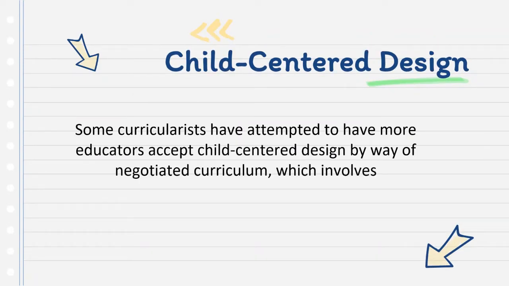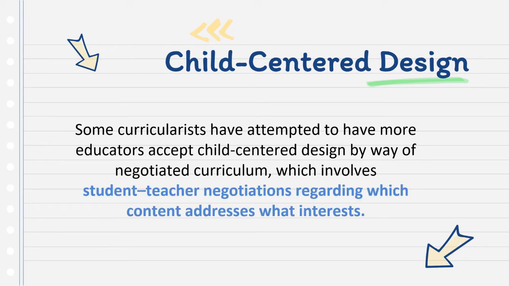Some curricularists have attempted to have more educators accept child-centered design by way of negotiated curriculum, which involves student-teacher negotiations regarding which content addresses what interests. Having students negotiate the curriculum empowers them. It gives them opportunities to construct their own curricula and learning.